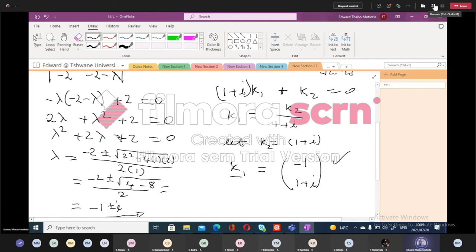Okay. So with complex numbers, once you have determined K1, you can use K1 to determine K2 because they just differ in signs. I hope you understand that. So to determine K2, because these are conjugates, you can clearly start with 1 minus i. So how are they going to differ?